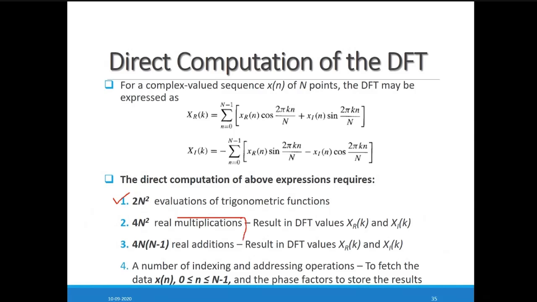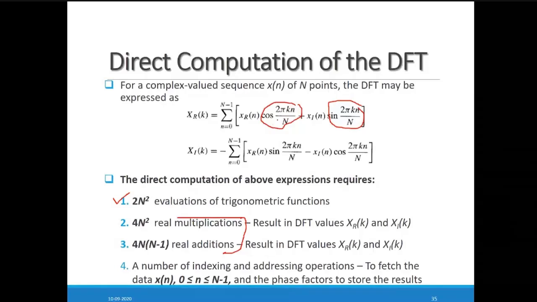Both these things are clubbed, and this will result in the DFT values X_R(k) and X_I(k). So by doing 4N square real multiplications and 4N into (N minus 1) real additions, we will get the DFT values X_R(k) and X_I(k). Here 2N square evaluations of trigonometric functions, whatever cos and sine we are using, the number is twice.